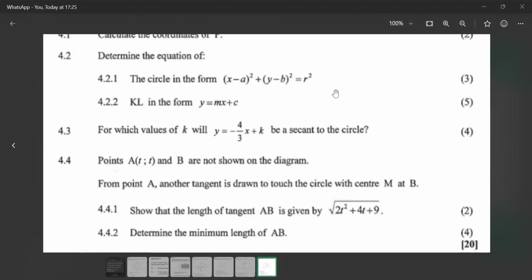But this is what they say. From the point A, another tangent is drawn to touch the circle with center M at B. And they say, show that the length of the tangent AB is given by this formula, or that expression, if you like.